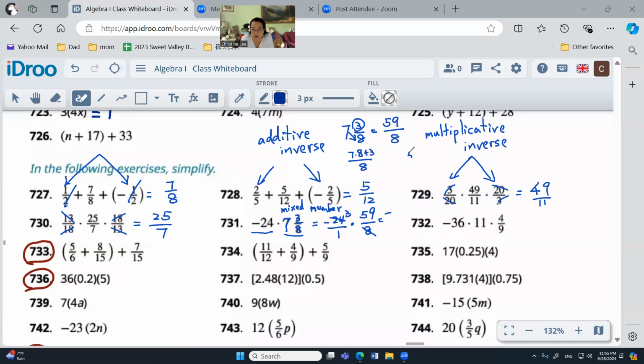What is 59 times 3? 3 times 9, 27. 3 times 5, 15, plus 2, 17. Okay, 177, and it's a negative. Don't forget negative, because it has a negative.